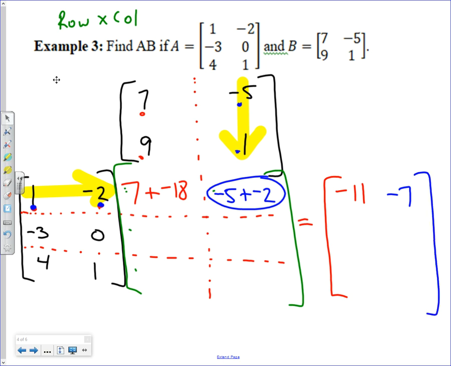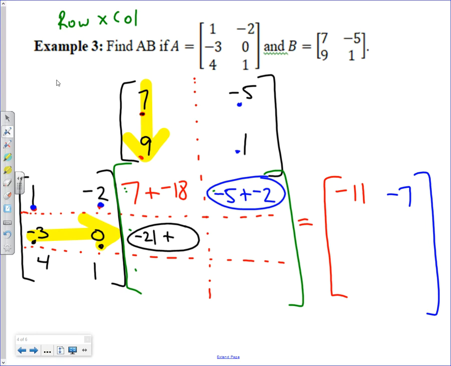Okay? Let's find this element here. So slide this down, slide this over. Negative 3 times 7, negative 21. 0 times 9 is 0. So we get negative 21.